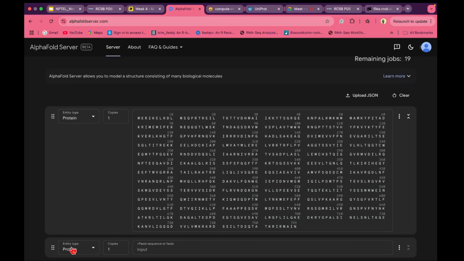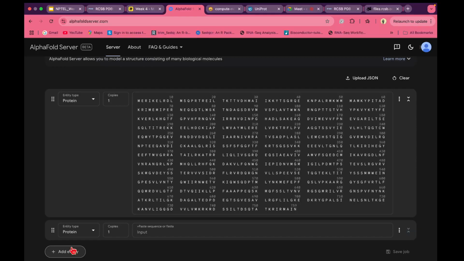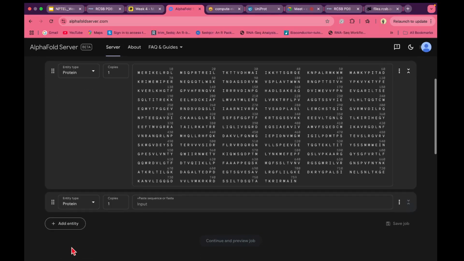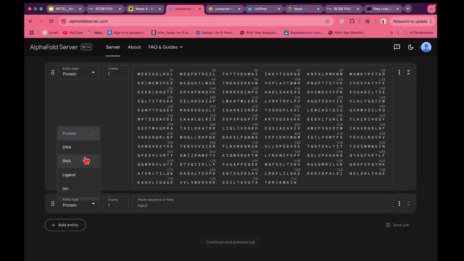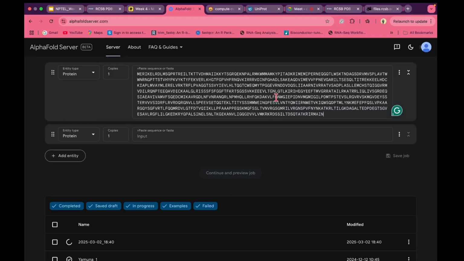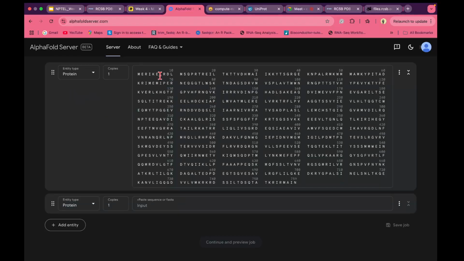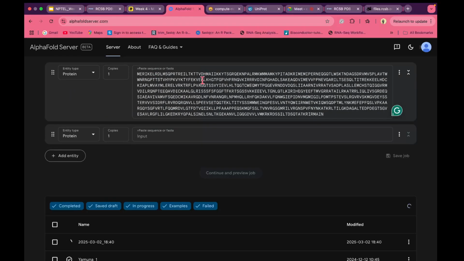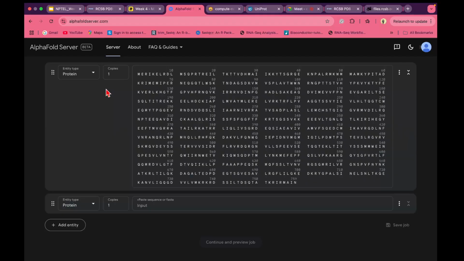For example, if I wanted to add a new entity again, say DNA or RNA, you see the number annotation here. Each residue or each alphabet is counted as a token. So when you give the input, it is 10 tokens, 20 tokens, 30 tokens.